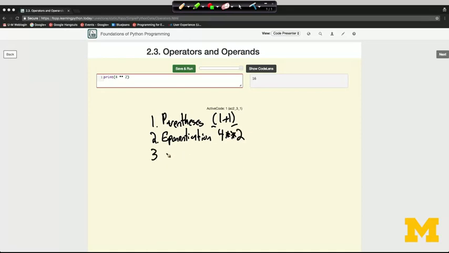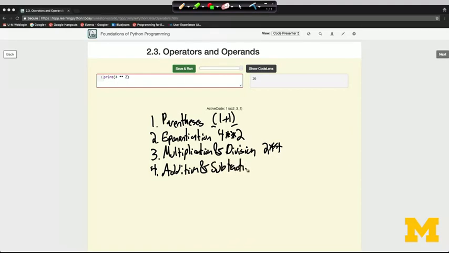Below that, there's multiplication and division. So that would be something like 2 times 4. And then below that, there's addition and subtraction, like 2 plus 3.